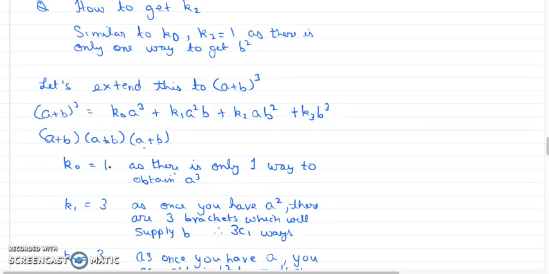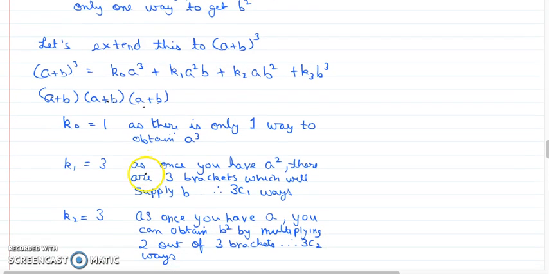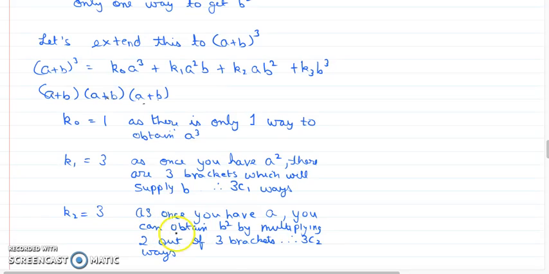Once you have selected an a, how many ways can you select b square? 3 ways, or if you write it in terms of combination, you're making the selection of 2 brackets out of how many brackets? 3C2. So you have 3 brackets and you're selecting 2. So 3C2 ways. So you can obtain b square by multiplying 2 out of 3 brackets, that is 3C2 ways.